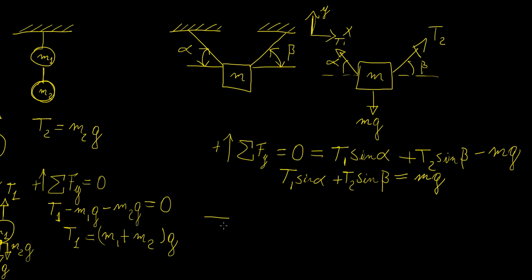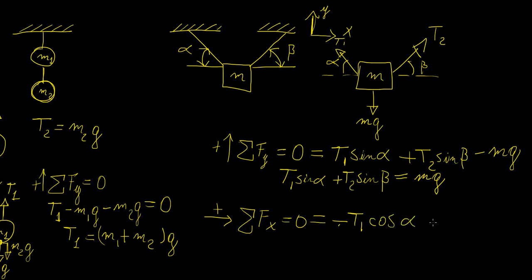Now, in the case of the x direction, the sum of the forces in the x direction also needs to be equal to 0, because remember that these forces both have a horizontal component. So we need to make sure that they both add up to 0 in the end. So T1, the horizontal component, is going to the left, so we have minus T1 times cosine of alpha.